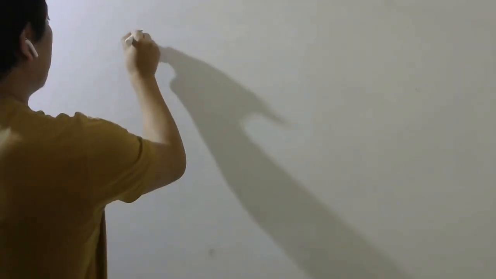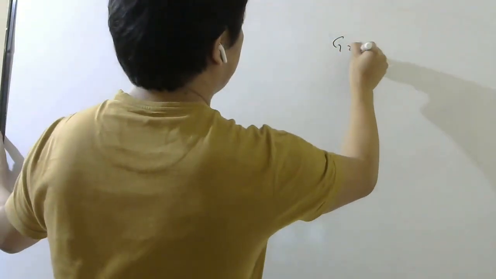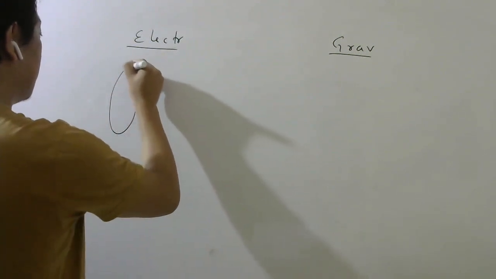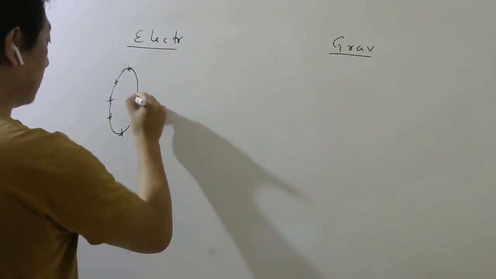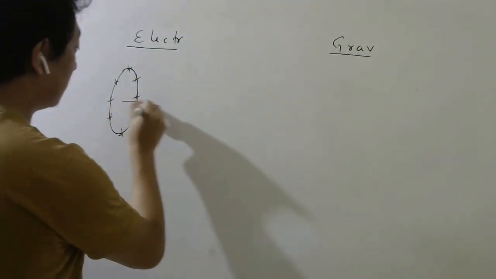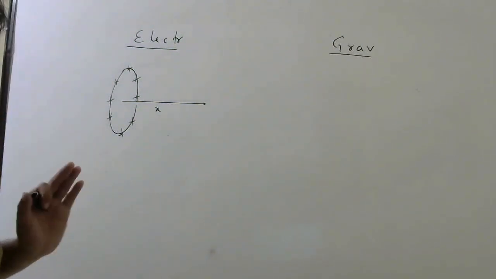Then in electrostatics, I have also given you electrostatics gravity. So if I have a ring of charge, and at distance x from the center, that formula is also important.